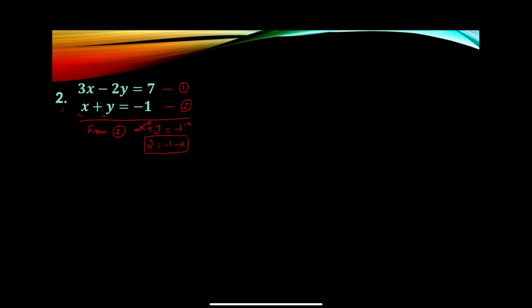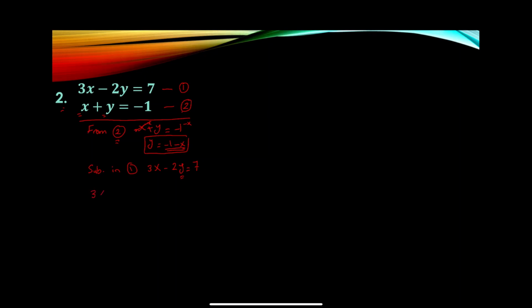Now I started with 2. Where should I substitute? I'll substitute in the first equation, which is equation number 1. So sub in 1: we have 3x minus 2y equals 7. I'll take out y and put its value in terms of x, which is negative 1, negative x.